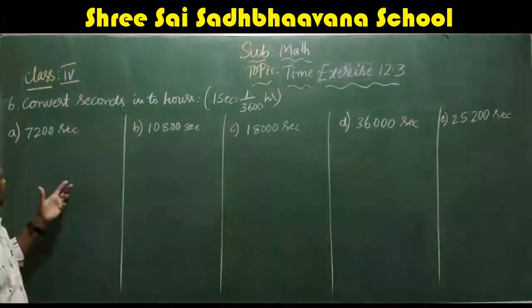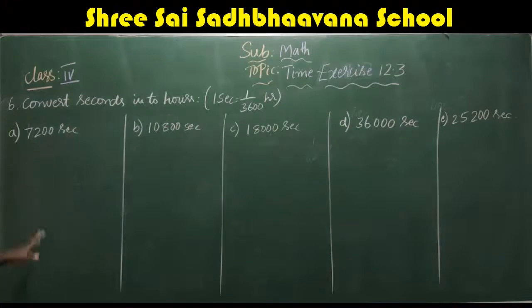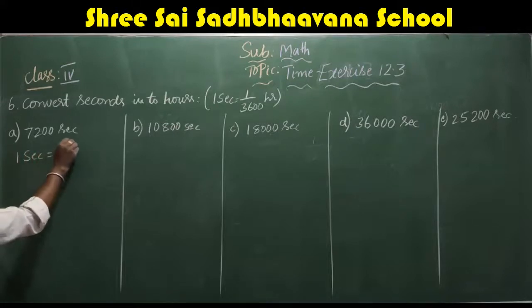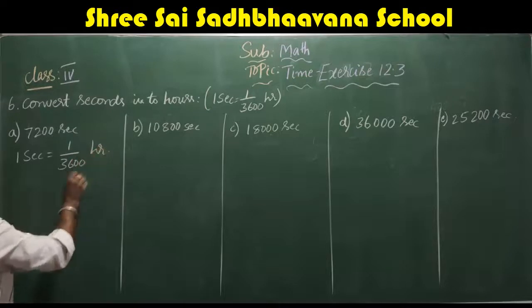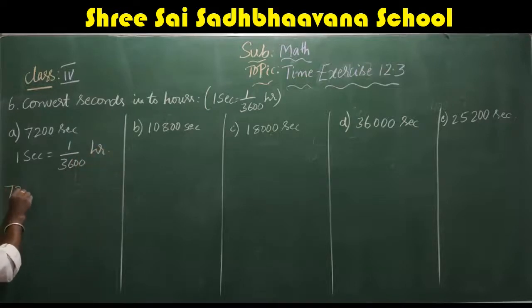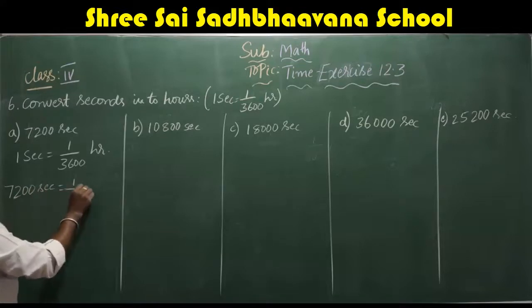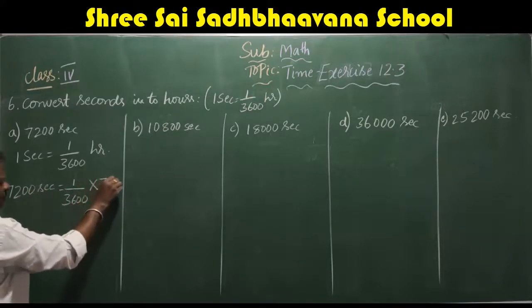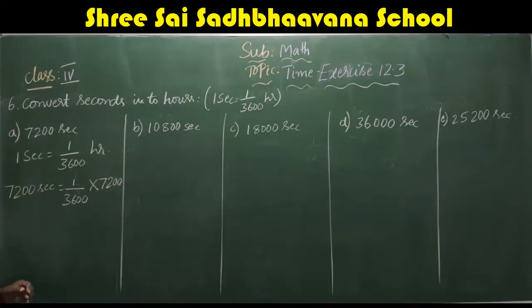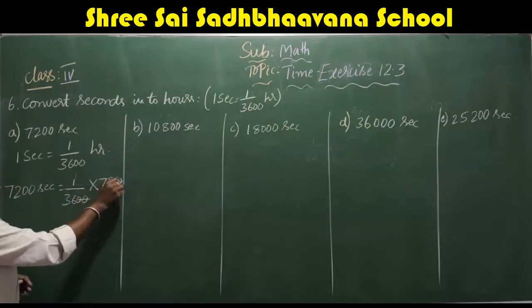In the same way, we will do now 7200 seconds. So convert into hours. 1 second is equal to 1 by 3600 hour. So 7200 seconds is equal to 7200 multiplied by 1 by 3600. 2 zeros cancel.